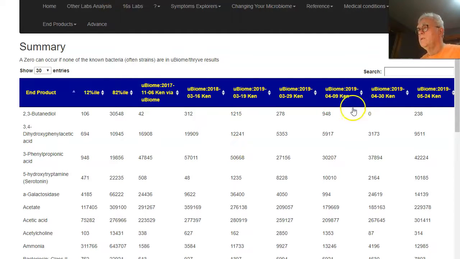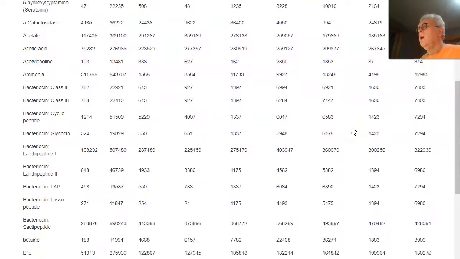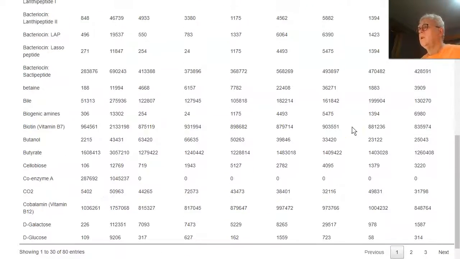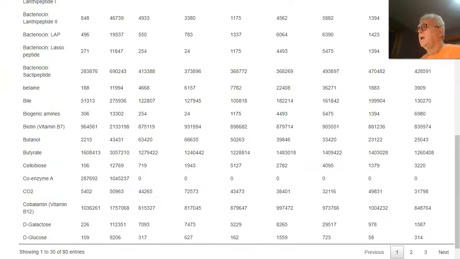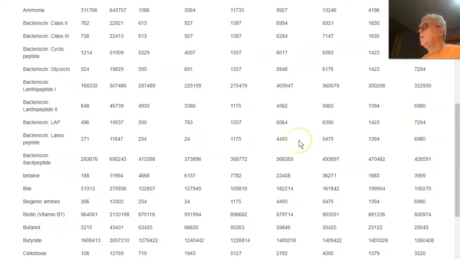So this is an incorrect date sequence. And what you can do is just take a look down and see if something is particularly odd or problematic. And in my case, again, the coenzyme A is absolutely nothing, which is similar to what the last person has. But that will give you some idea.